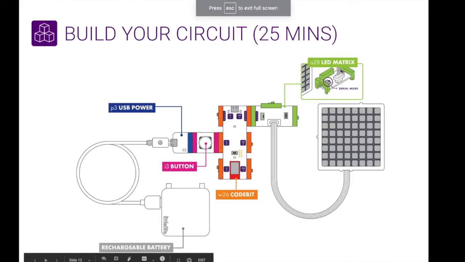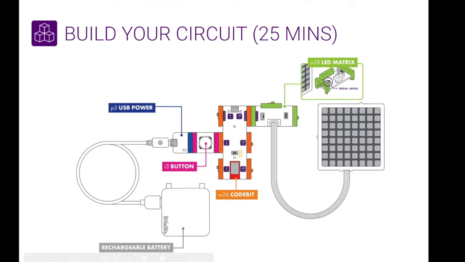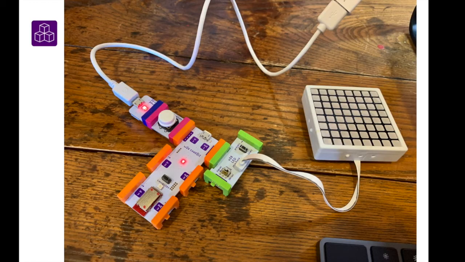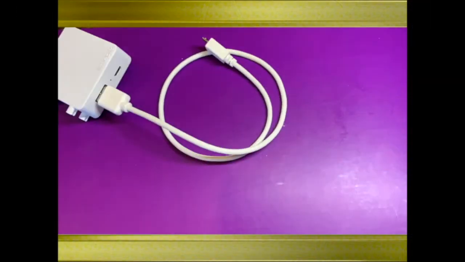I kept this up and used it as a reference as I built my circuit. And I think the first few times that you do activities with the students, that's a really good rule to follow, because you have to get used to where things need to go. The green bit that's connected to the LED matrix has a little slider that needs to be in the serial mode.